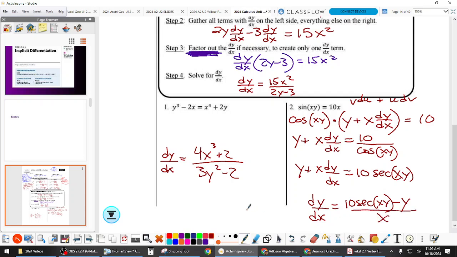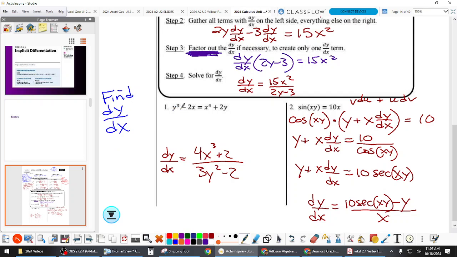So just keeping an eye on product rule, chain rule, all those things. And anytime, I wish this would say that you might add this direction, but find dy/dx. What if it said find dx/dy? Could we do that? What would change?